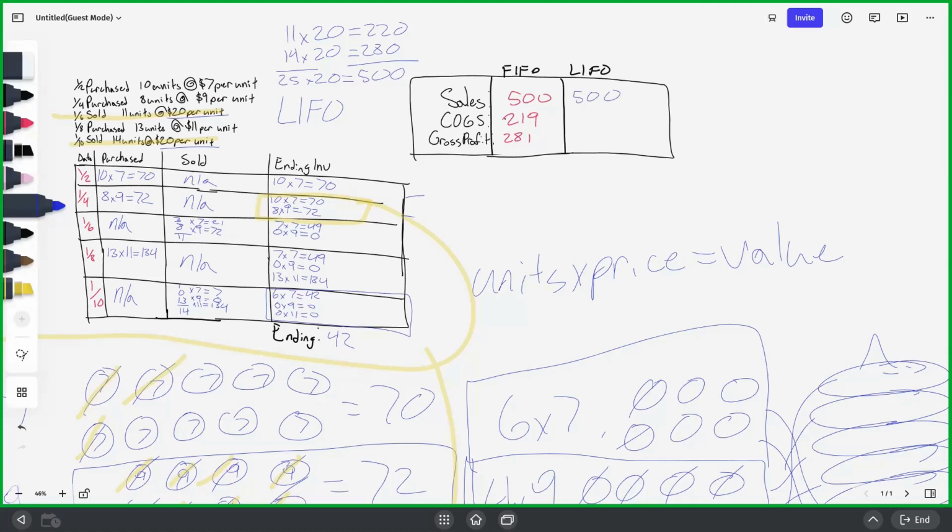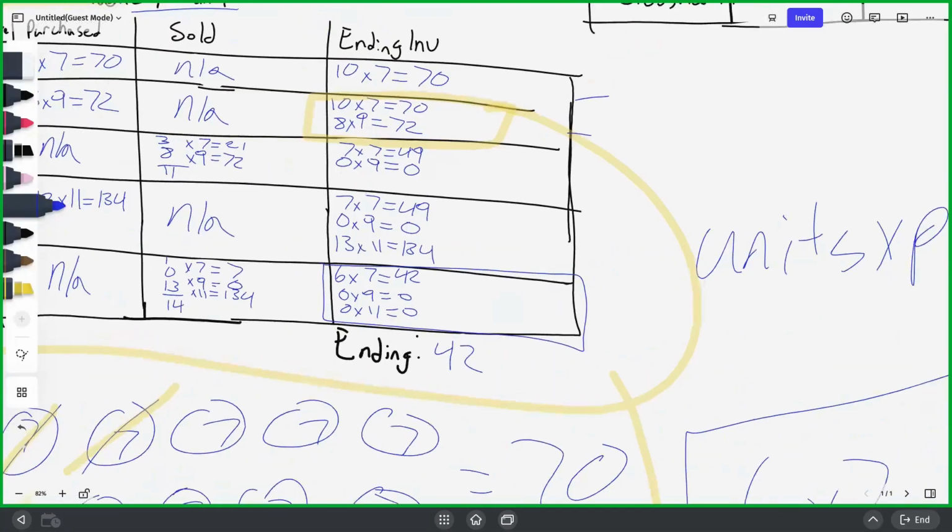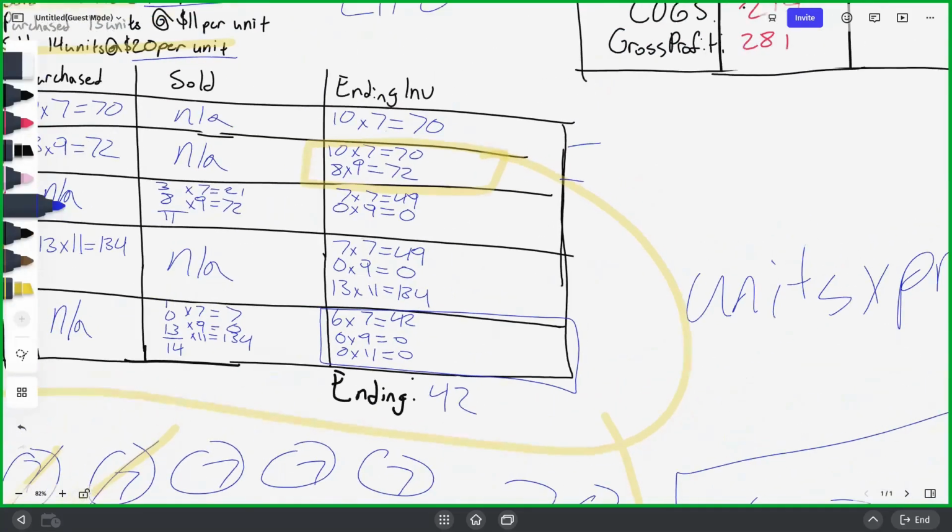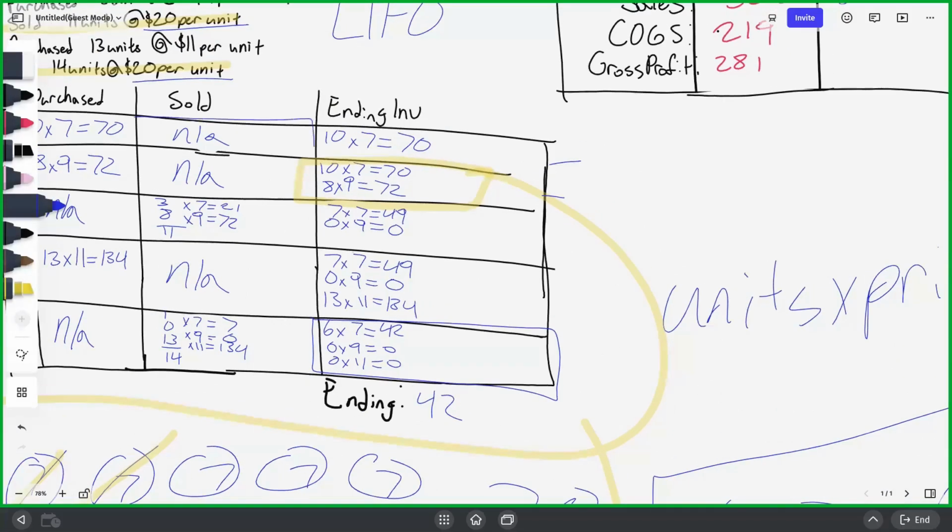So how do you find your cost of goods sold? You add up your sold ones. Is it 72? Yes, 72, and 134.